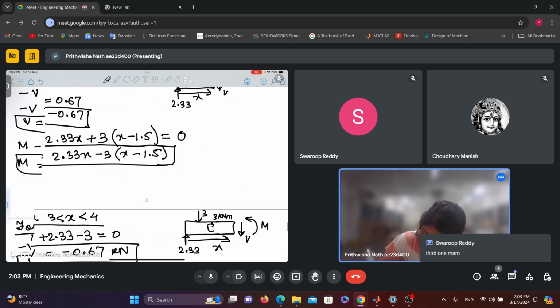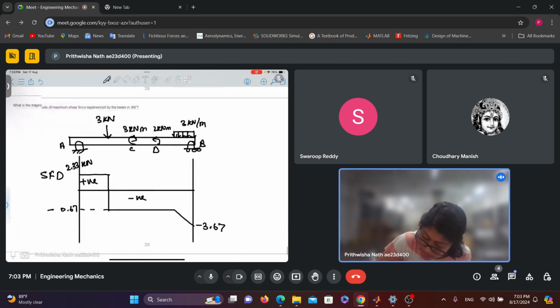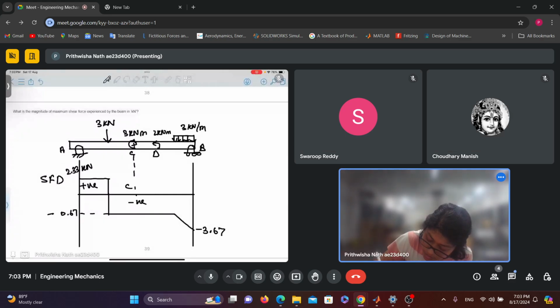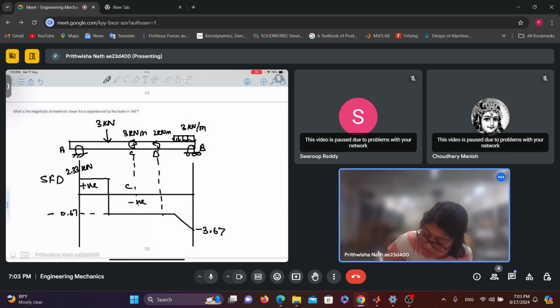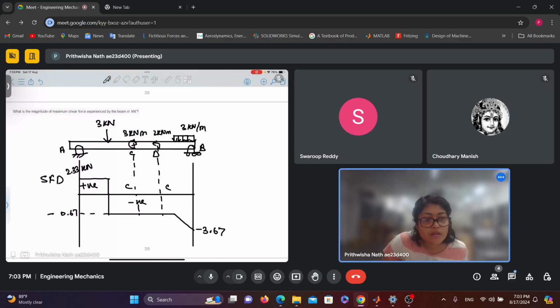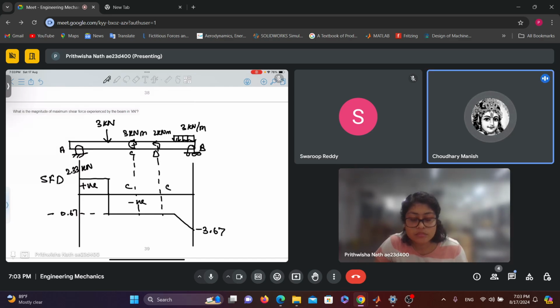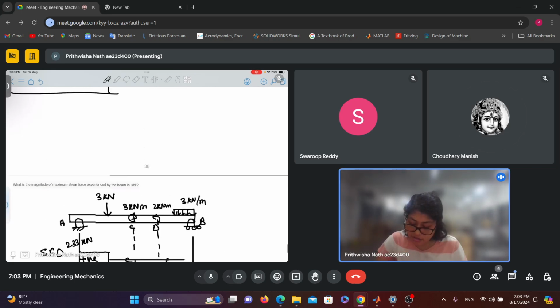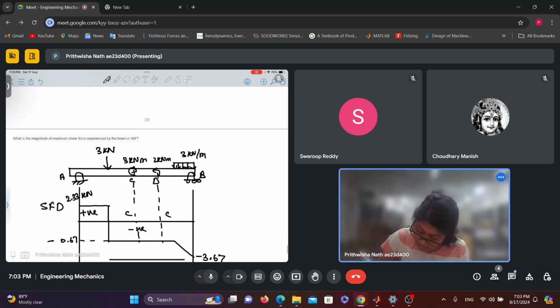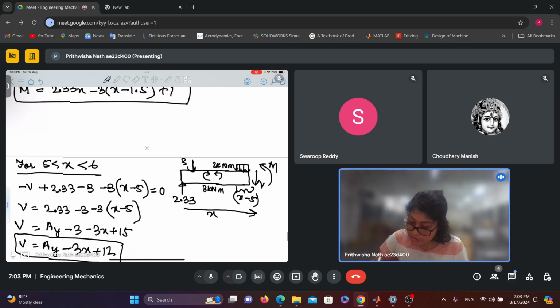Between C and D, this is C, this is D, right? So the slope is 0. Am I audible? Yes, ma'am. Okay. So the slope is 0 between C and D, right? So the first option is correct.